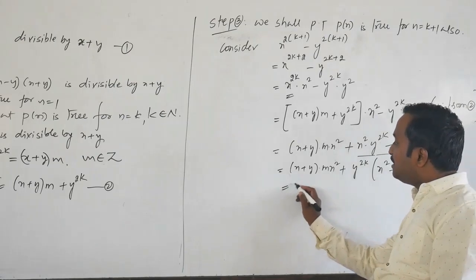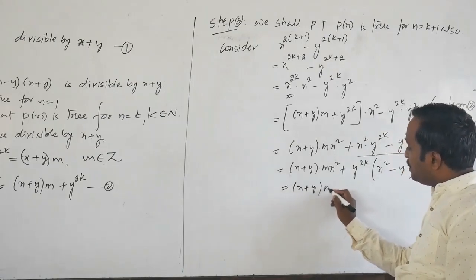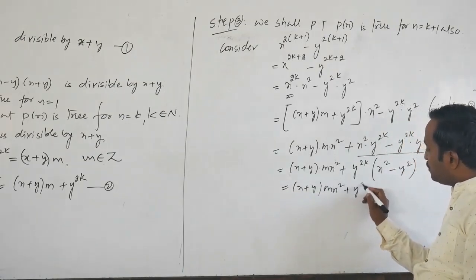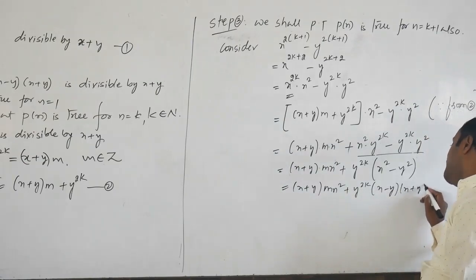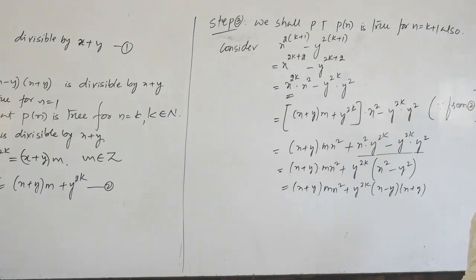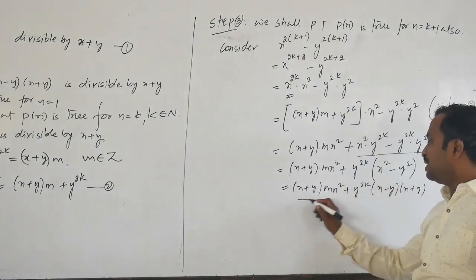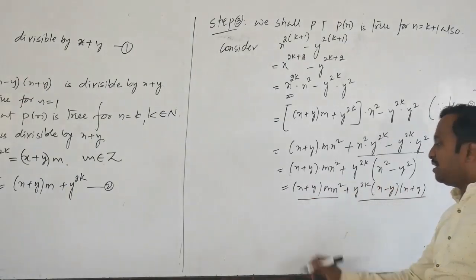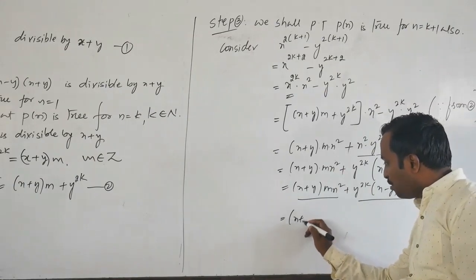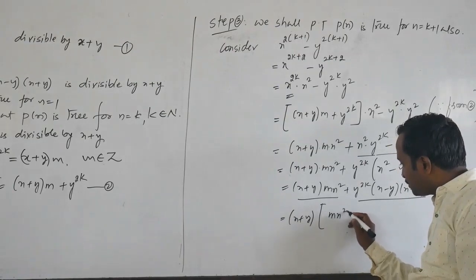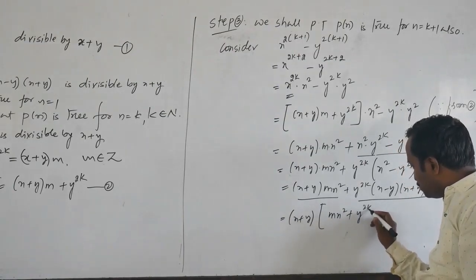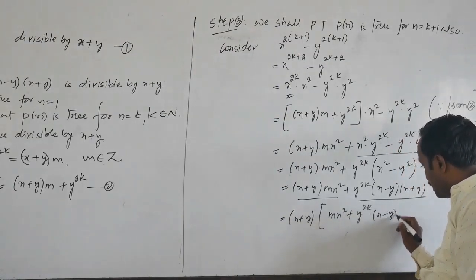So I can write x plus y into m x square, plus y raised to 2k into x minus y into x plus y, using the formula a square minus b square equals a minus b into a plus b. Now x plus y is common in both terms. Taking it out, what remains is m into x square plus y raised to 2k into x minus y.